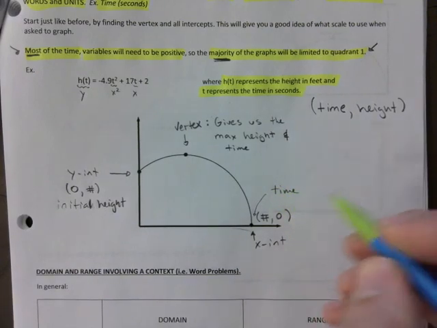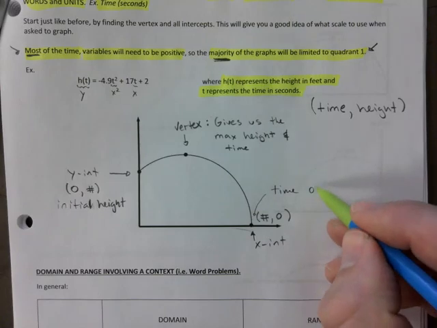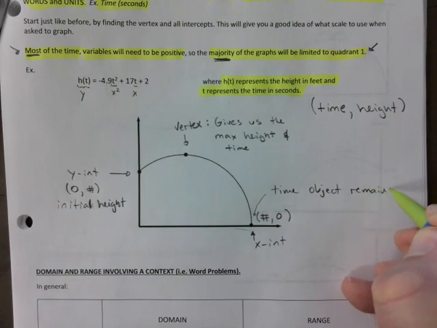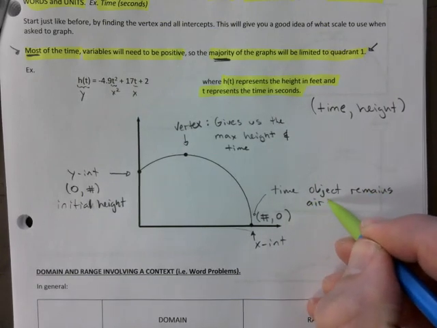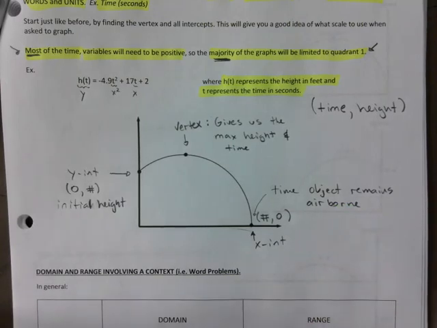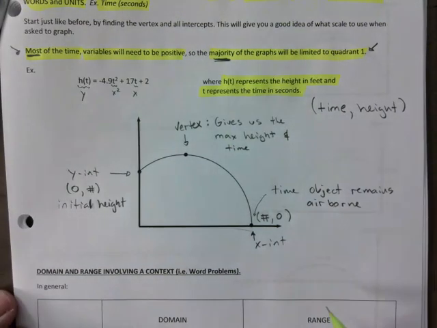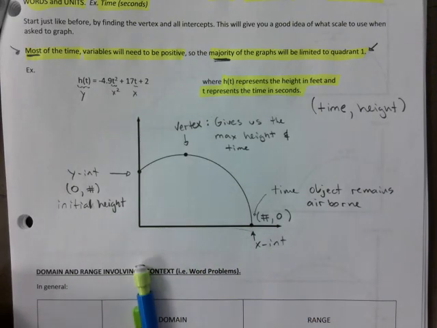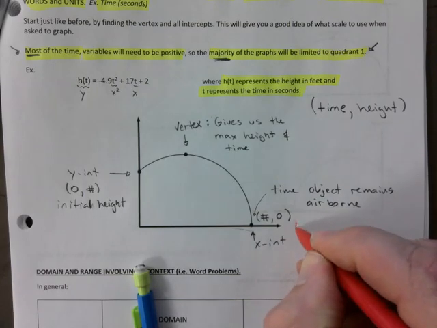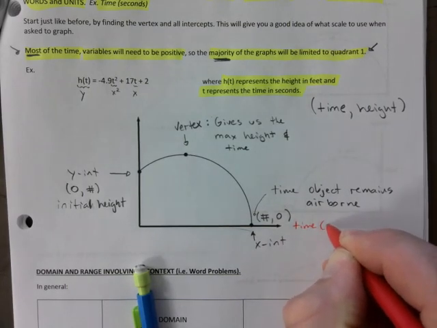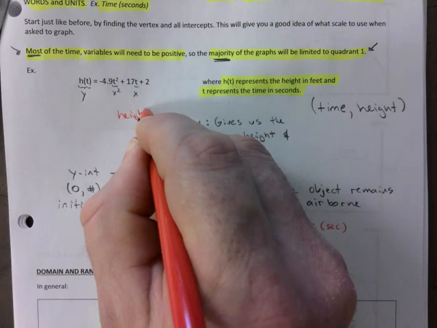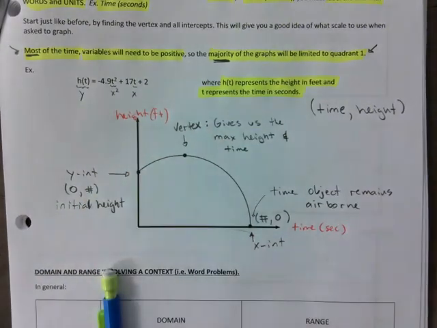Time object remains airborne. Okay, so it hits the ground there. And again, this axis here, I'm going to use a pen for that one. I want that to stick out here. This is going to be time in seconds, so you're going to label it like that. And this is going to be height in feet.